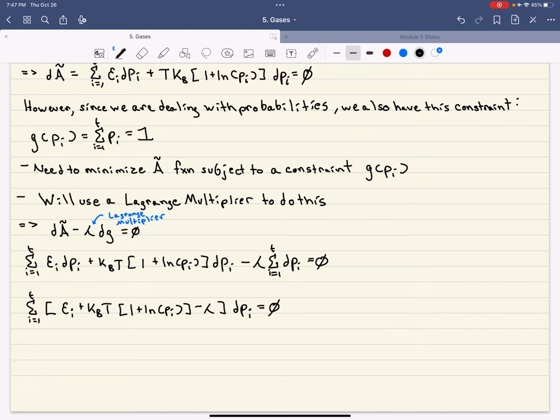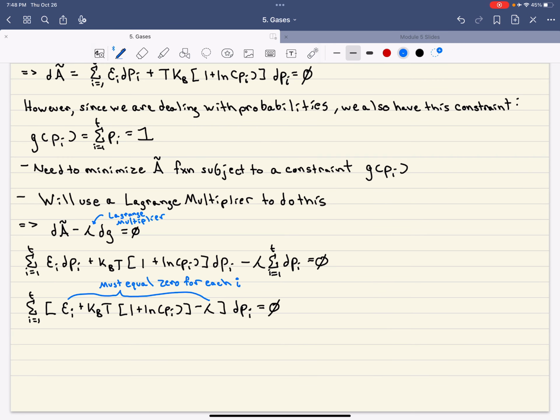If you remember from our previous lesson on Lagrange multipliers, in order to satisfy the minimization calculation when we have the sum, essentially what we need is for each i value, everything in the brackets to equal 0. Must equal 0 for each i.